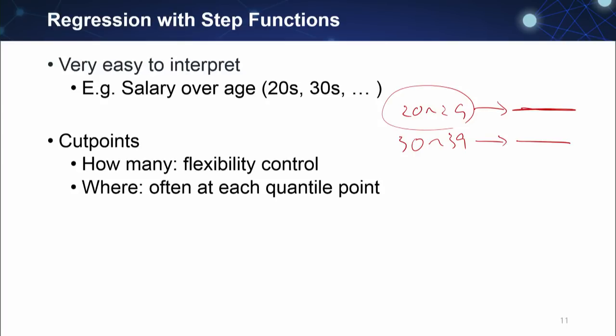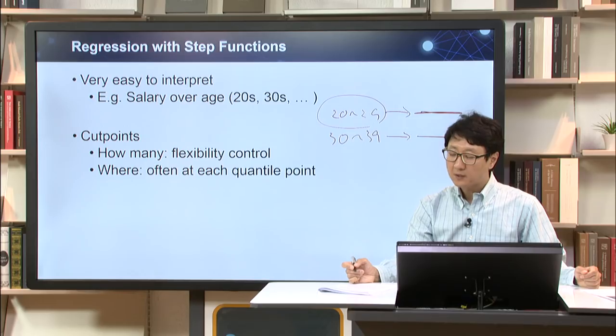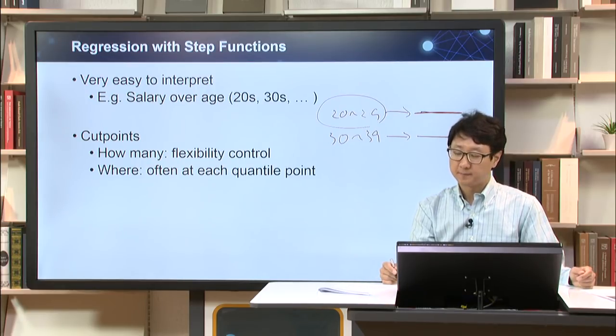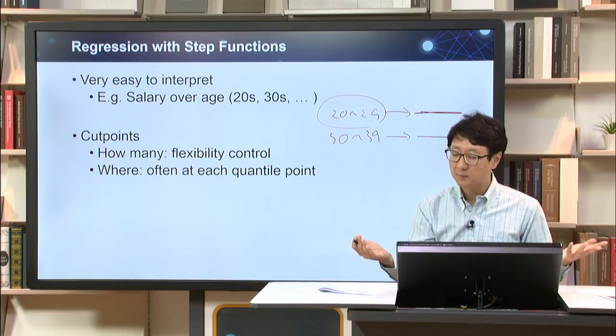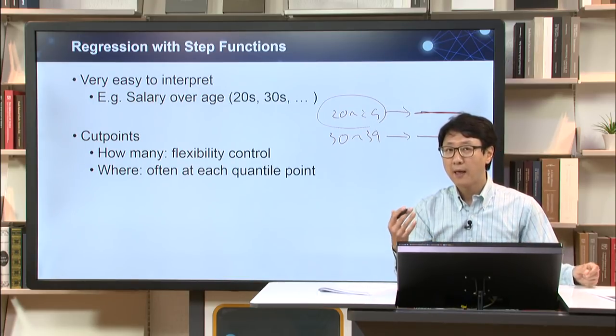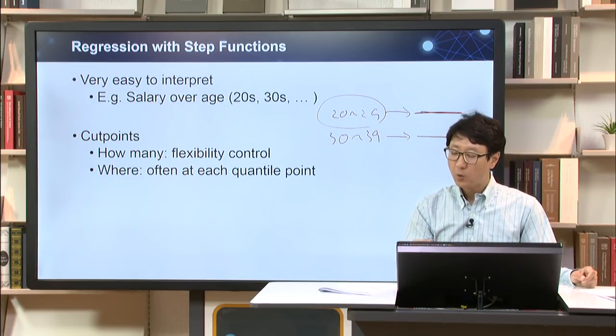The issues of this regression mainly come from the cut points. The first issue is how many cut points we are going to have. The number of cut points controls flexibility. More cut points means more flexibility. In the extreme, if we use n cut points for n samples, we can perfectly fit the given training data.